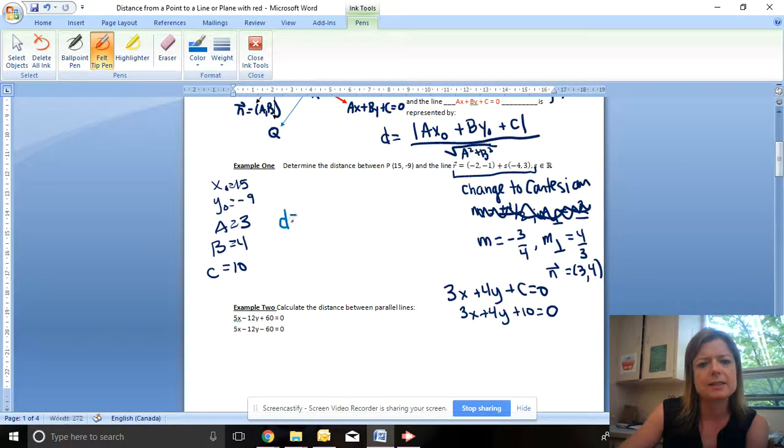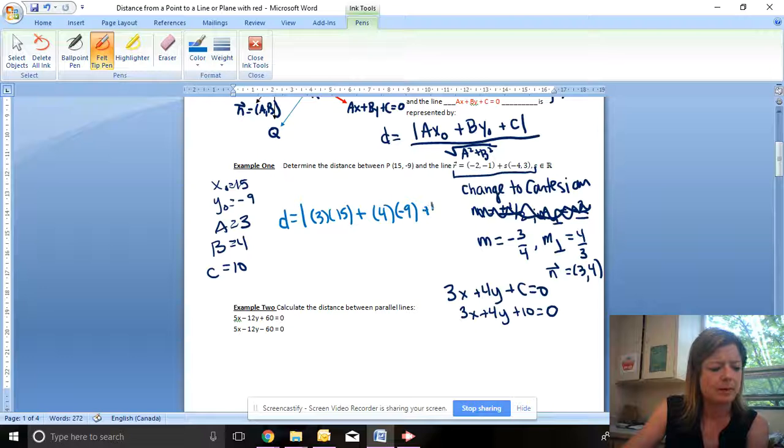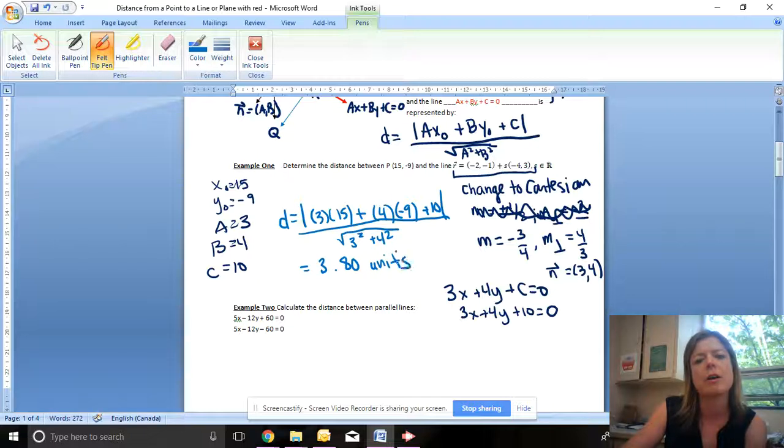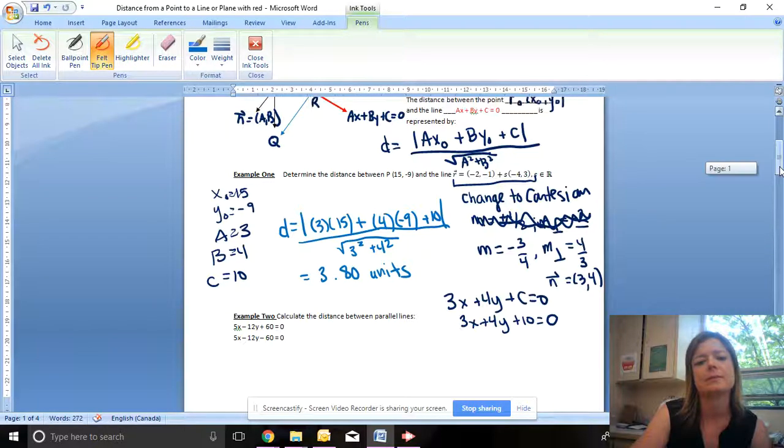So distance is equal to the absolute value of 3 times 15 plus 4 times -9 plus 10, all over the square root of 3 squared plus 4 squared. When you put that into your calculator, you get 3.80 units. So that's how far apart this point is from this line when you're looking at the shortest distance.